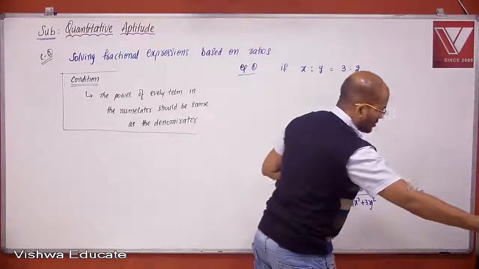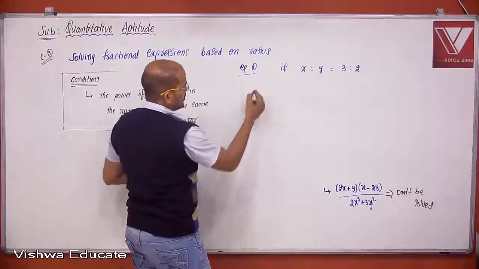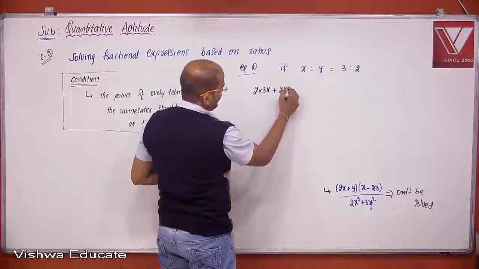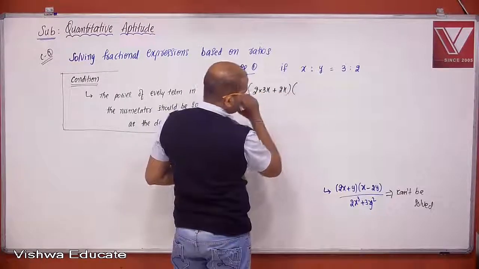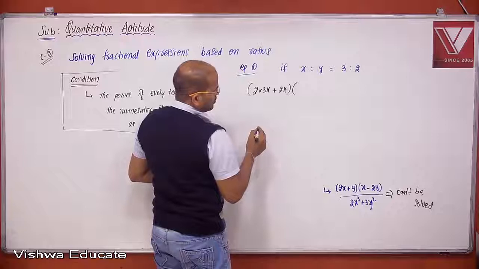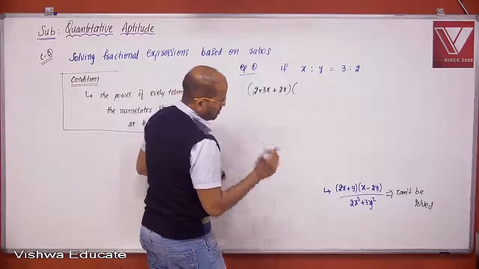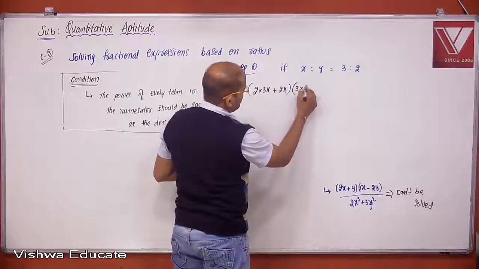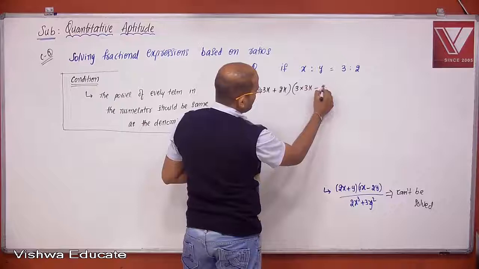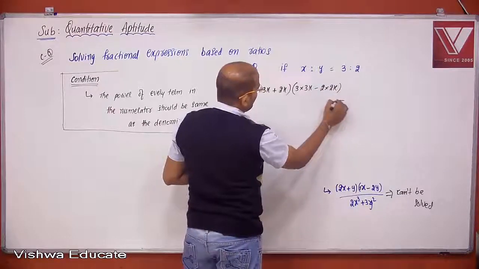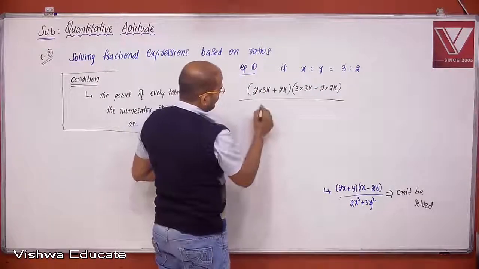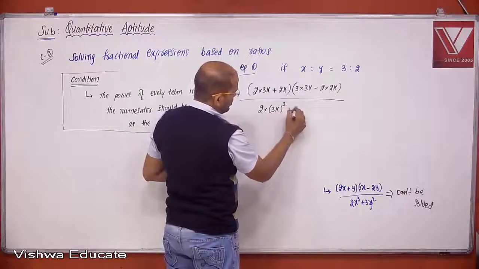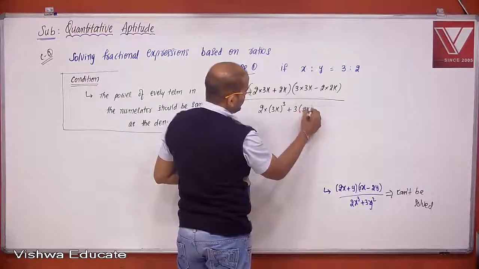Now this problem: 2 into 3k plus 2k. My mistake, it is 3x. 3 into 3k minus 2 into 2k by 2 into 3k cube plus 3 into 2k square.